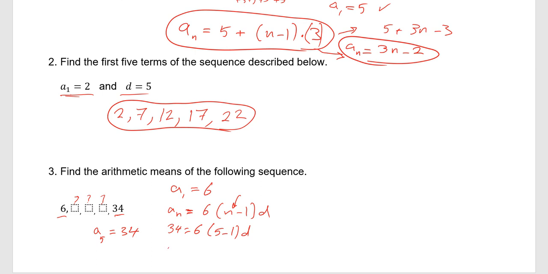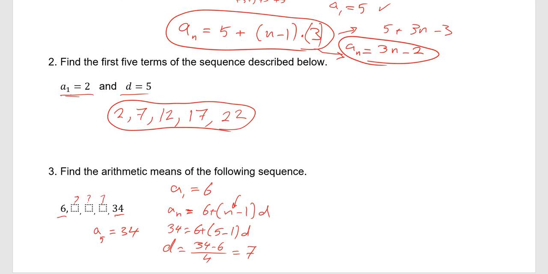So d equals, so 5 minus 1 is 4d, right? And this is plus 6, we can subtract 6 on both sides. So 34 minus 6 over 4, right? Which is equal to 7.